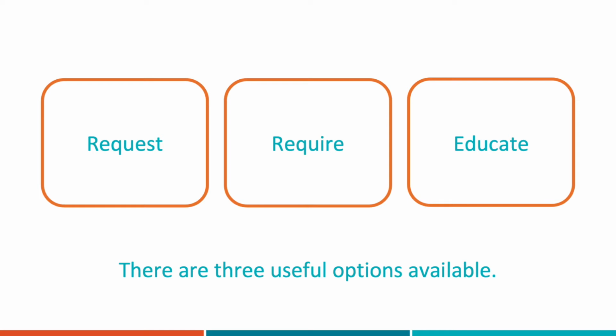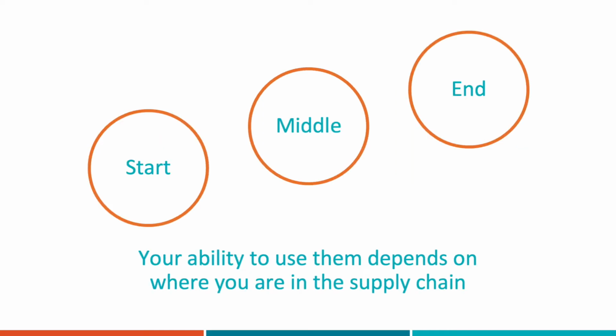There's requesting software bill of materials, requiring software bill of materials, and education around software bill of materials. Now, your ability to use these 3 options depends on where you are in the supply chain. Are you at the very beginning, the very end, or the middle?